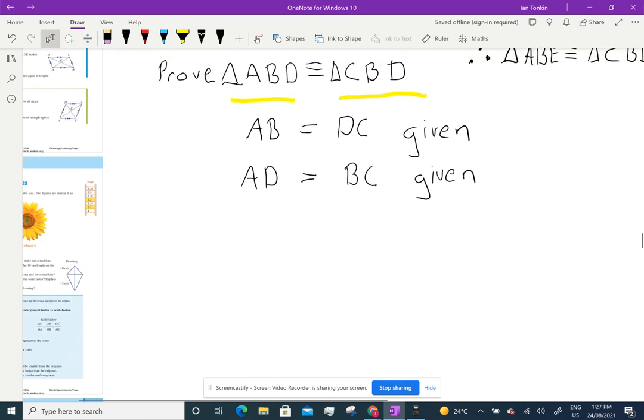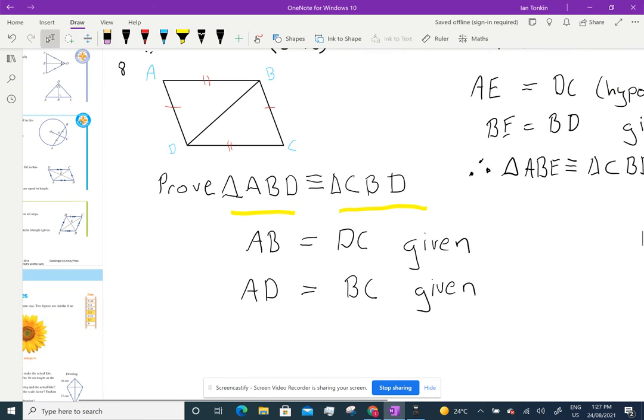Now, this next one I'm going to write in the middle. BD is common to both. And that's a symbol we use to indicate, oh, that's common to both.